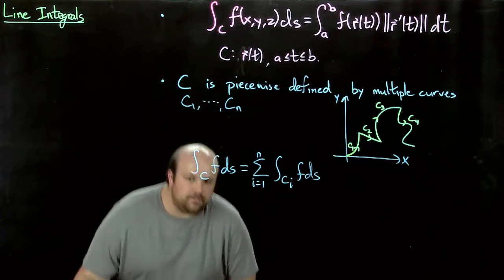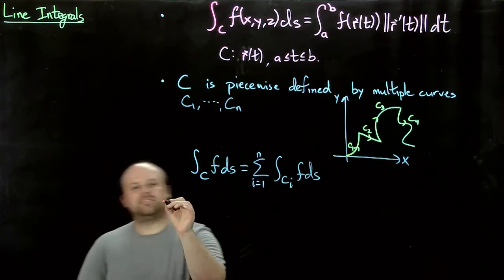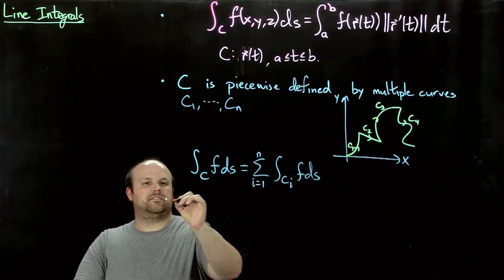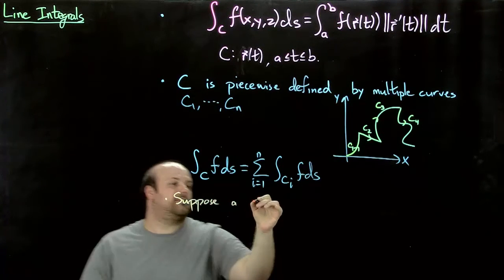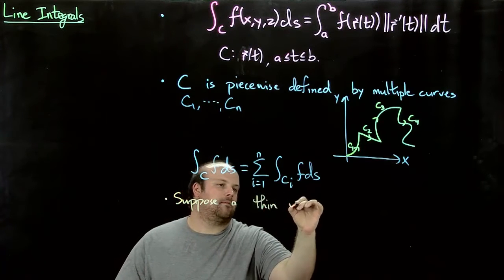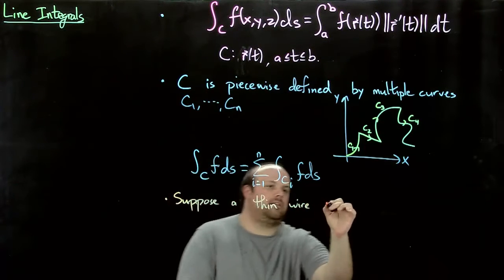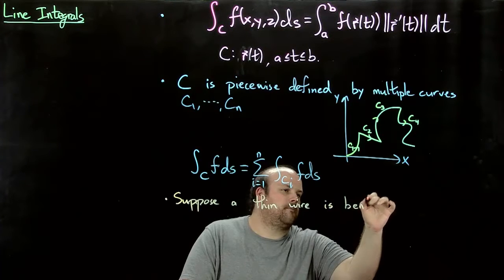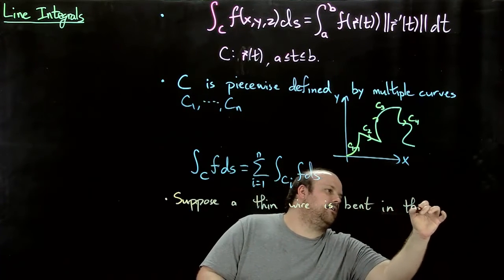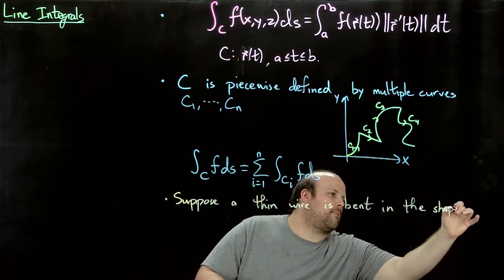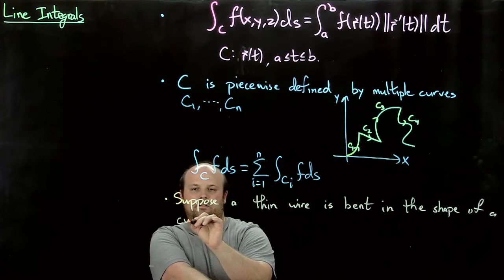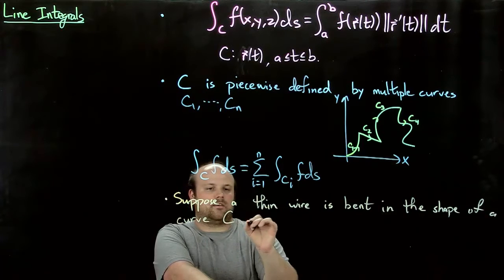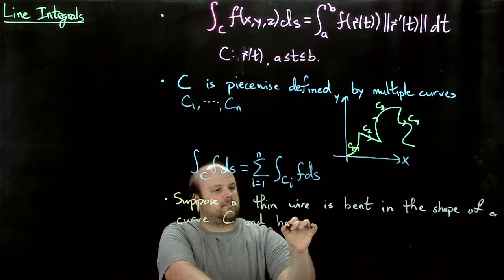Okay? Now, there's also a nice application that we have for these guys, right? For line integrals here. So we could also say, suppose a thin wire is bent in the shape of a curve C, and has density.